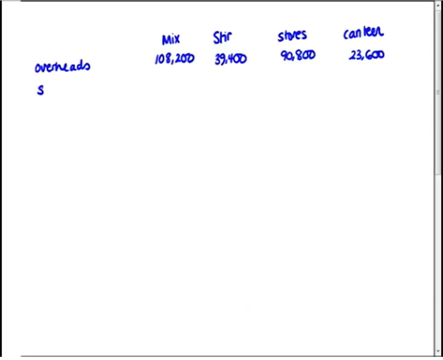So what we're going to do is allocate out the stores costs in the proportion 50, 30, 20, but instead of allocating the 90,800, I'm going to allocate out the total that gets allocated from stores in one go. So 50% to the mixing department and 30% to the stirring department.